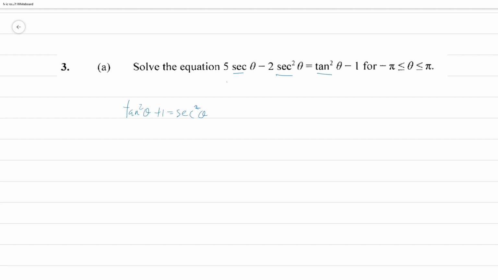Let's see where we go from there. If this is our identity, then tan squared theta is obviously sec squared theta minus 1. So let's just substitute. I will get 5 sec theta minus 2 sec squared theta is equal to, for tan squared, sec squared minus 1.